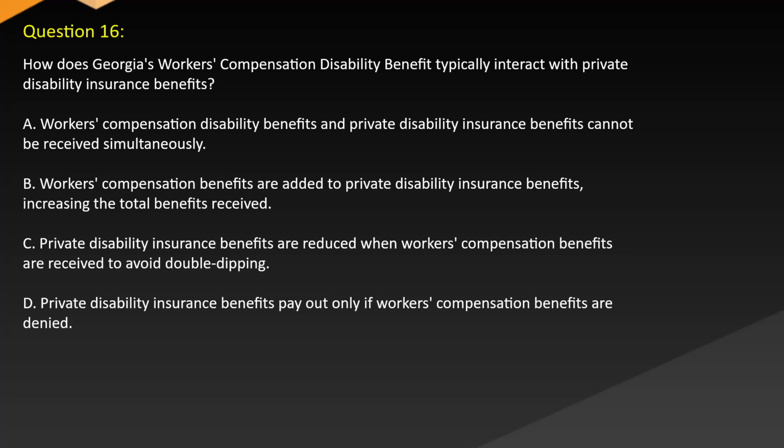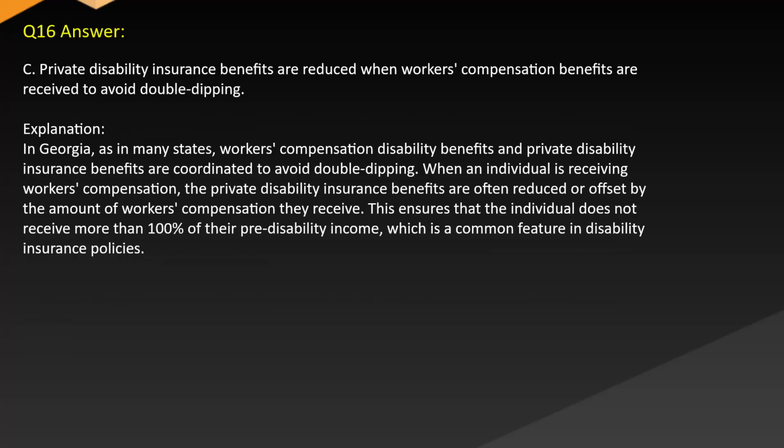C. Private disability insurance benefits are reduced when workers' compensation benefits are received to avoid double dipping. D. Private disability insurance benefits pay out only if workers' compensation benefits are denied. Answer: C. Private disability insurance benefits are reduced when workers' compensation benefits are received to avoid double dipping.